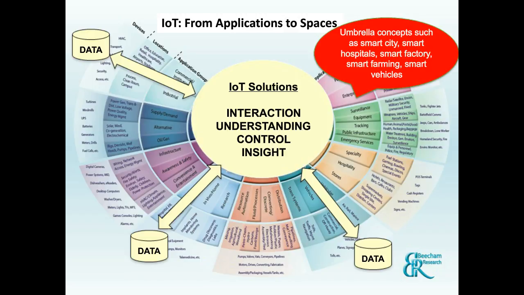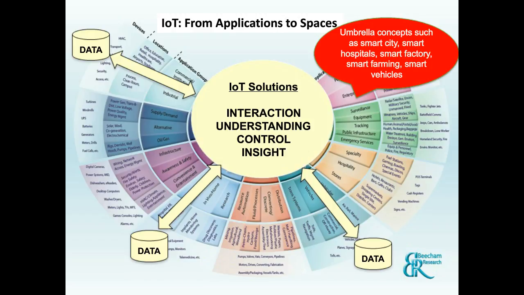So we talked about smart city, smart hospitals, smart factory, smart farming, smart vehicles, smart grid, and so forth are typical of the sort of applications that we're thinking of in this sort of environment.